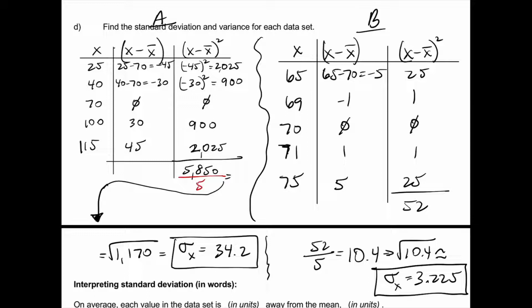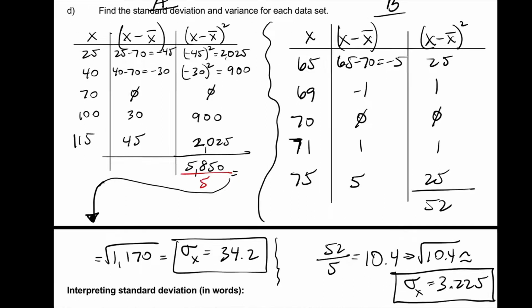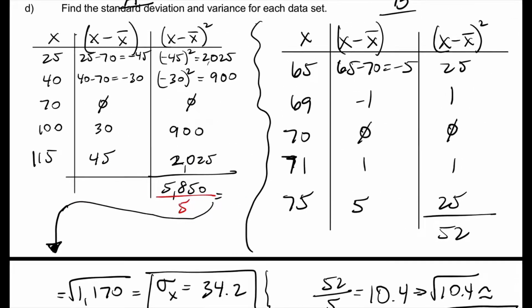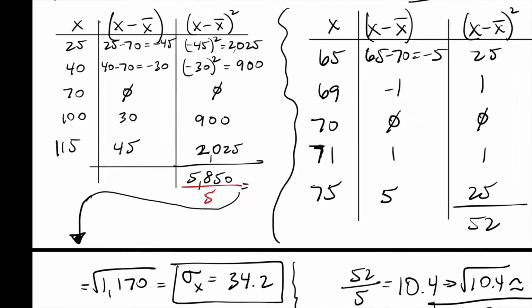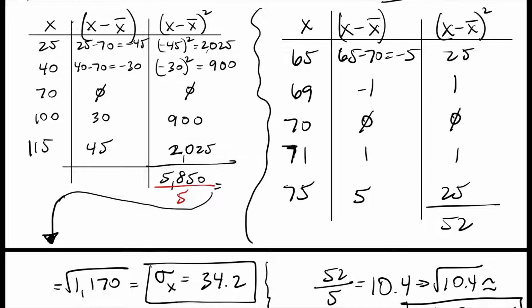And why does that number make it go down? Think about it for a second. Focus on list A.